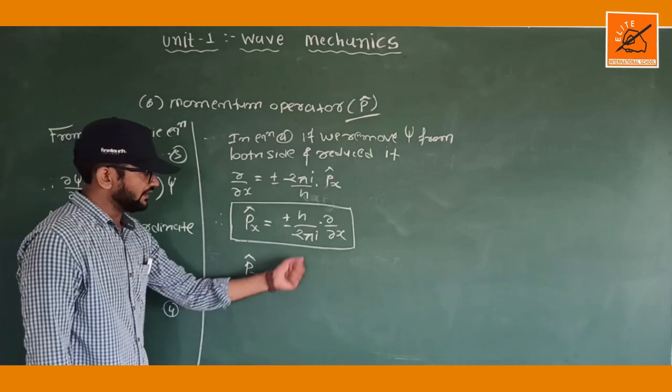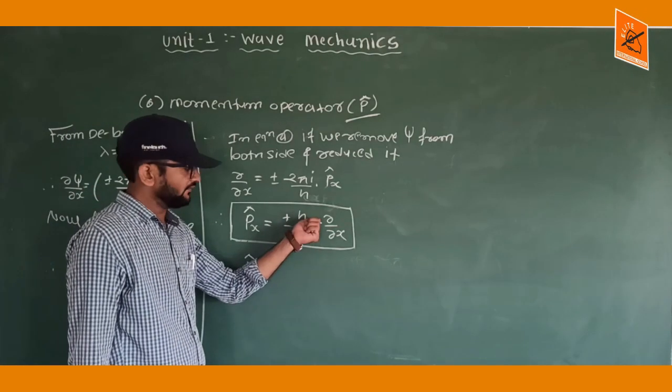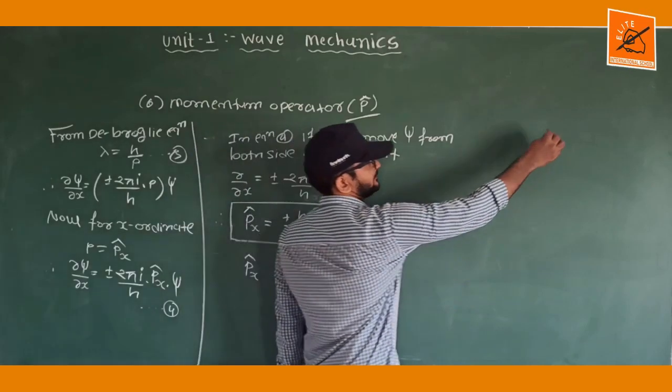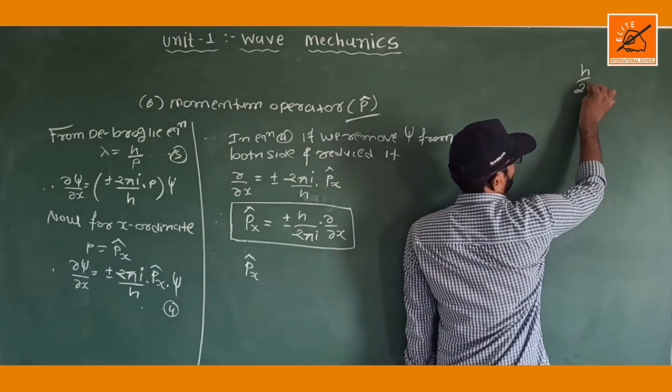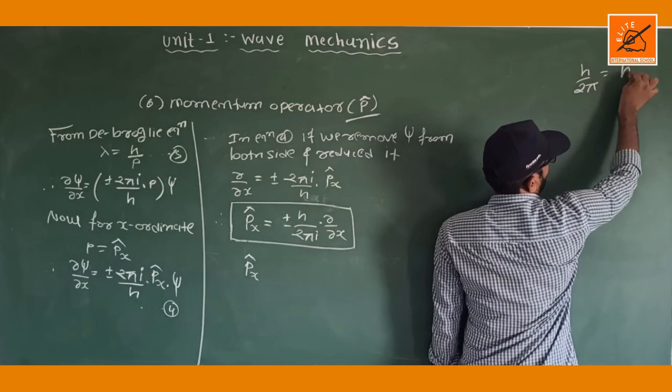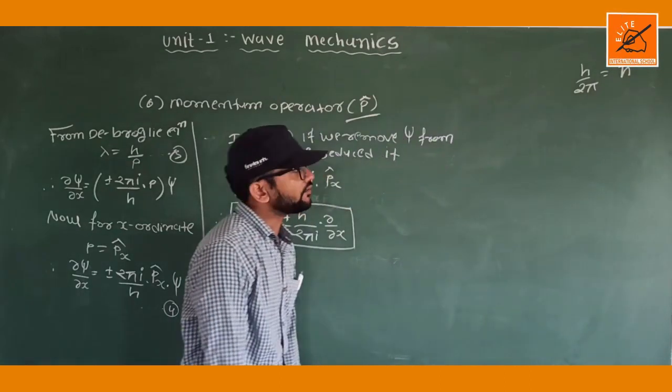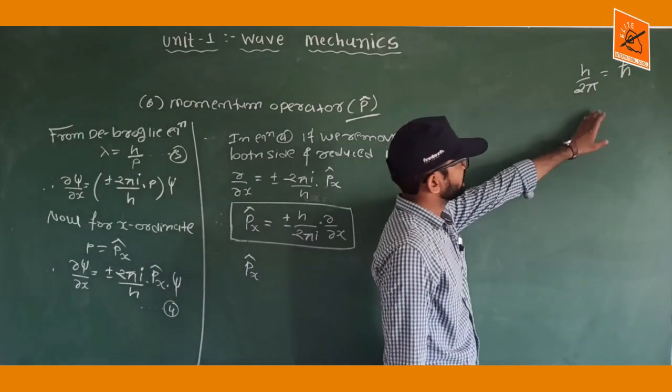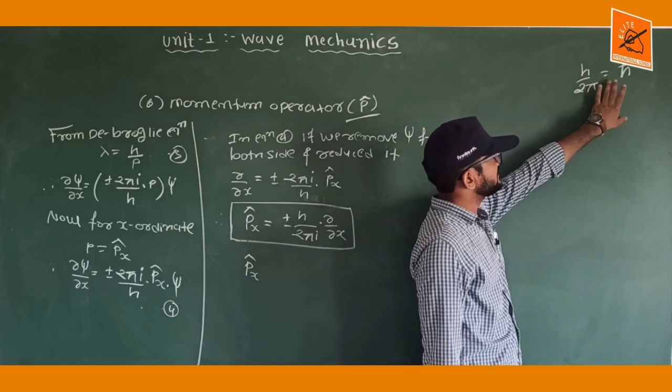Now the value of h upon 2 pi is also called h cut or h cross. The value of h upon 2 pi is equal to h cut.